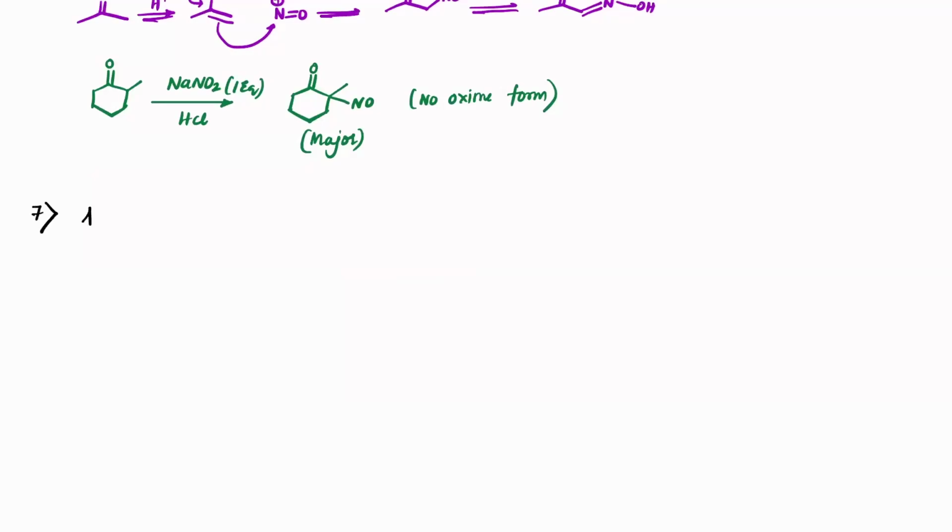The seventh reaction is about addition to alpha beta unsaturation. Okay, what does that mean? Suppose you have a double bond like this, a double bond here.